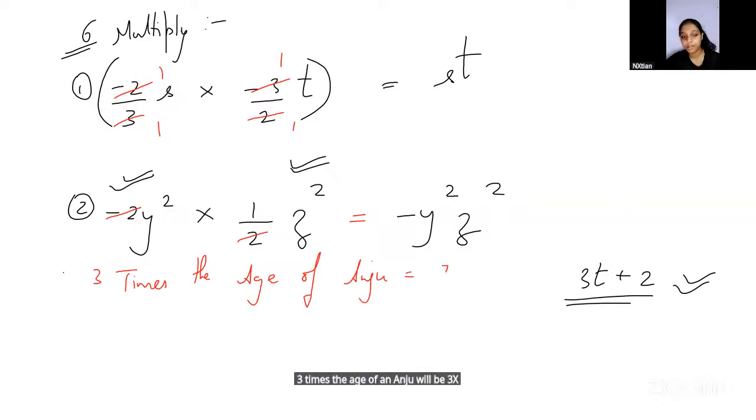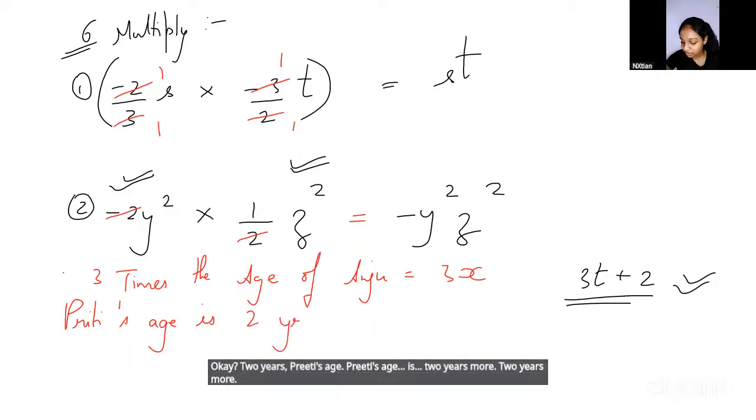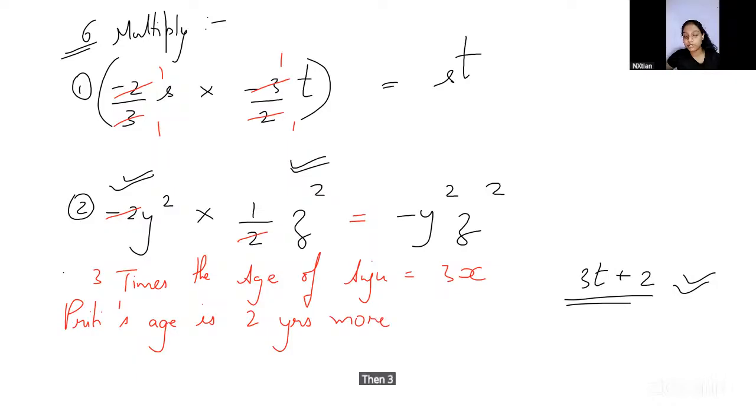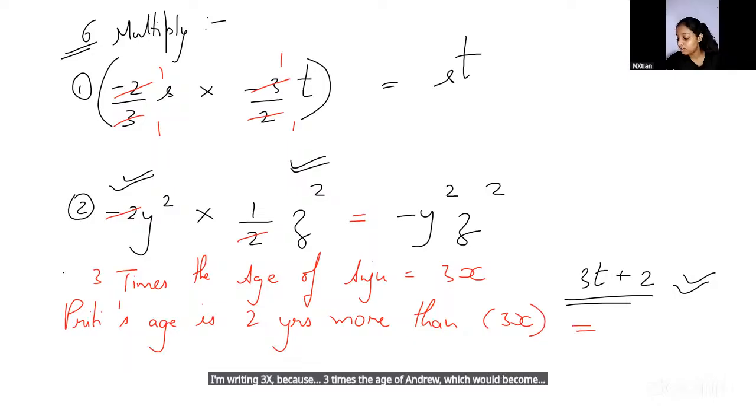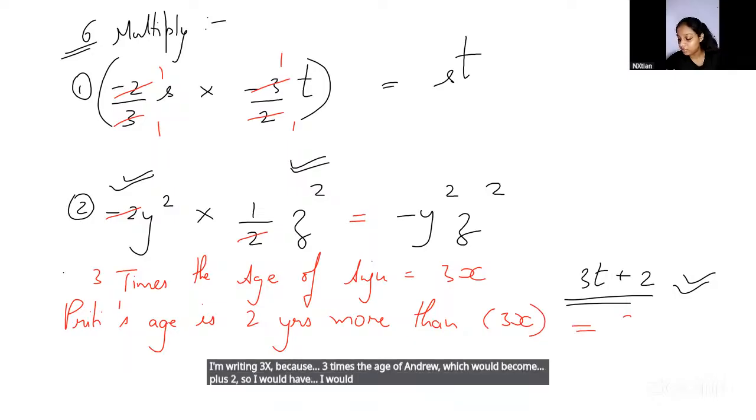Now, 2 years more than that, so I'm writing 3x because 3 times the age of Anju, which would become plus 2. So my answer would be 3x plus 2.